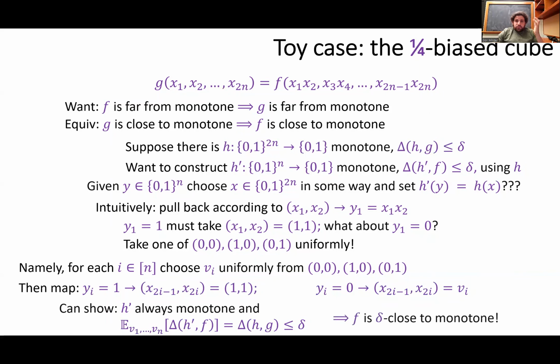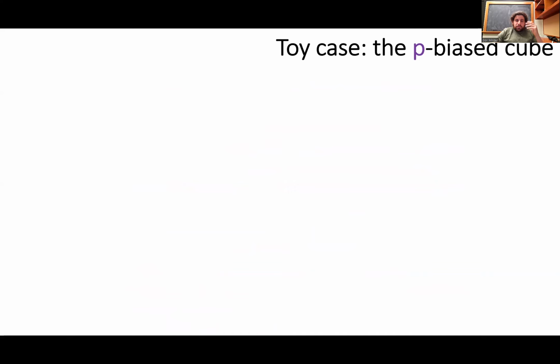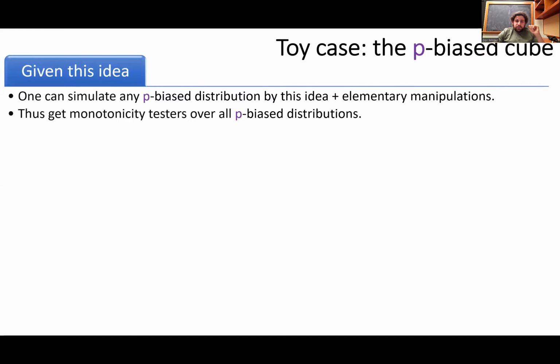So this indeed shows that you can reduce quarter-biased to unbiased cube. And in a similar way, you can actually do any p-biased cube for p which is a power of 2. And once you have that and you use some other elementary manipulations, you can actually get any p-bias that you'd like, and the query complexity is still of n.